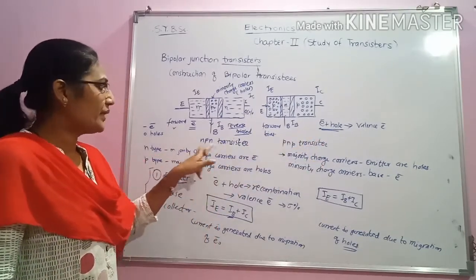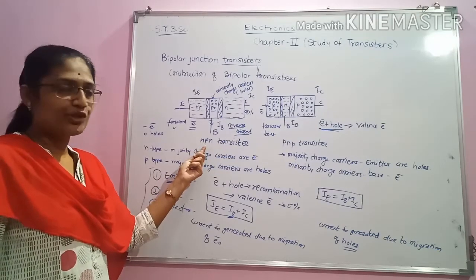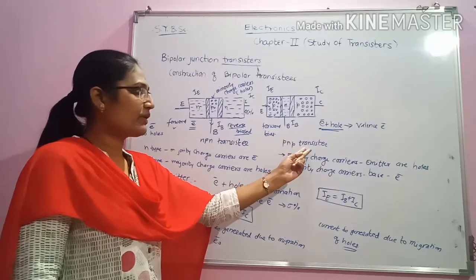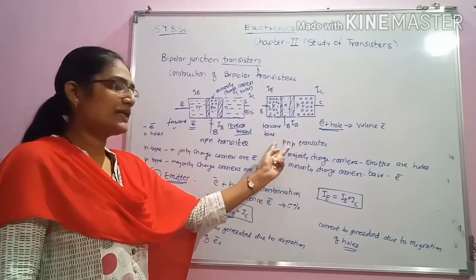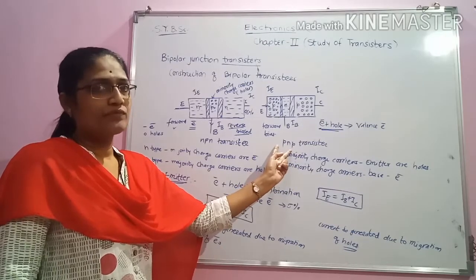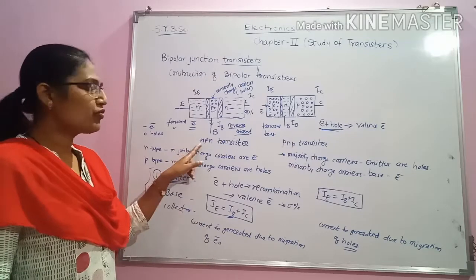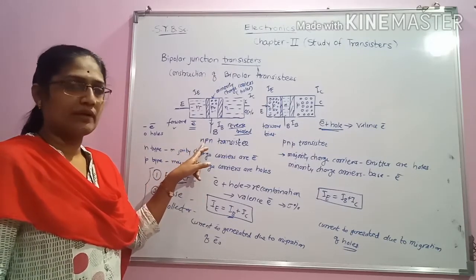In case of NPN transistor, a P-type material is sandwiched between two N-type materials, and in case of PNP transistor, an N-type semiconducting material is sandwiched between P-type semiconducting materials. I have already told you how to form an N-type material and a P-type material.